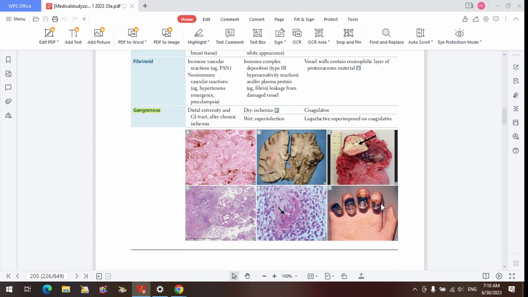And the product will cause the edematous swelling of that tissue and it will be foul smelling. So that is wet gangrene. And the tissues where it typically occurs include the extremities, the fingers, the toes, and the GI. Those are the regions where you can see necrosis.